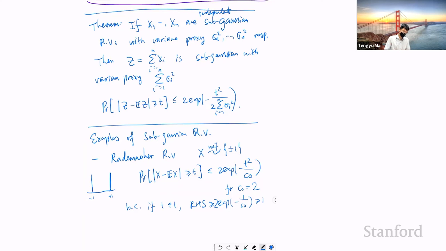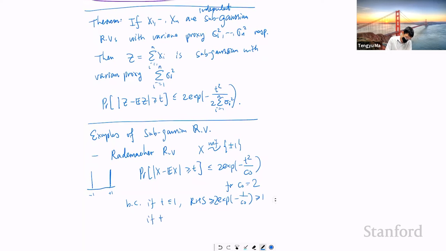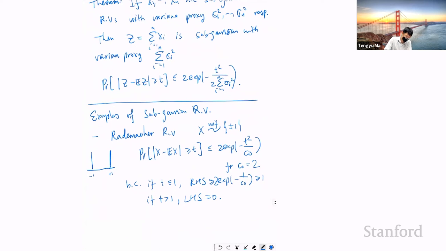So you verify this for t less than 1. And if t is bigger than 1, then the left-hand side is just 0, so it's also always true. So that means that a Rademacher random variable is sub-Gaussian with variance proxy O of 1.